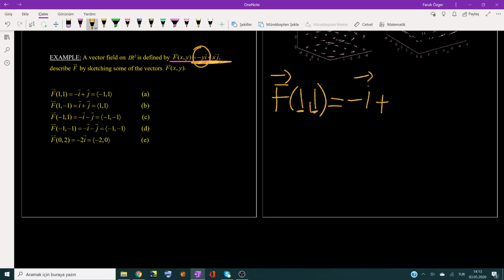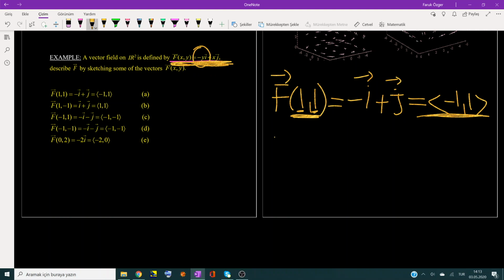Plus, for x equals 1, you have 1 times j, that is j. So in other words, you have the vector (-1, 1). At the point (1, 1), this vector field generates the vector (-1, 1).